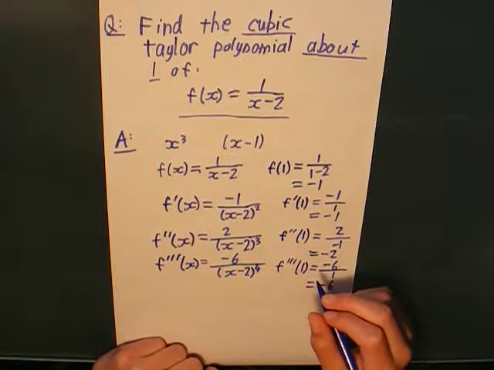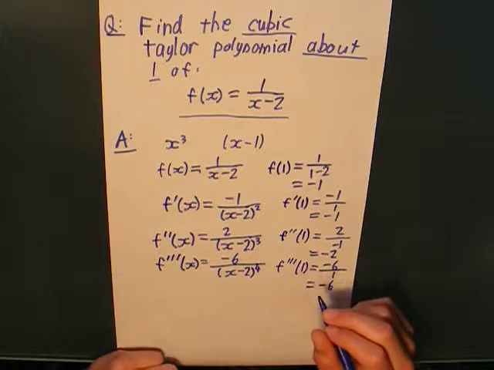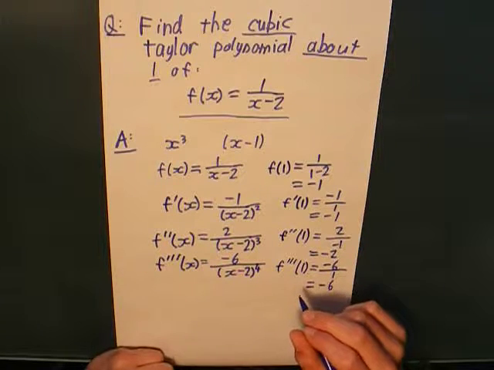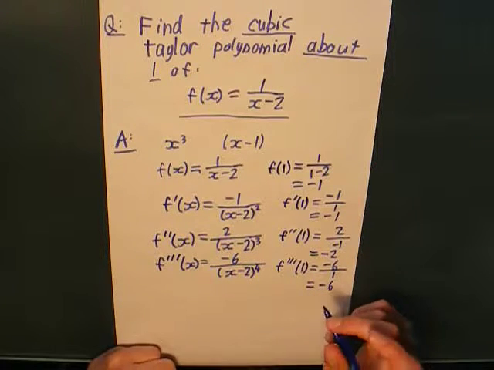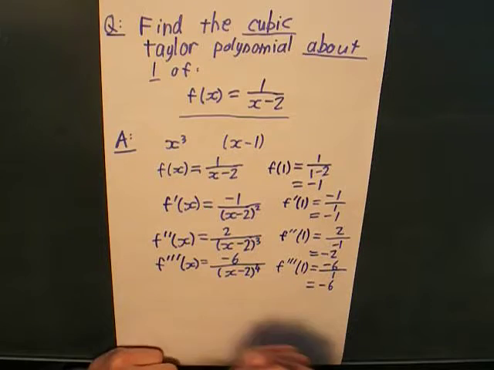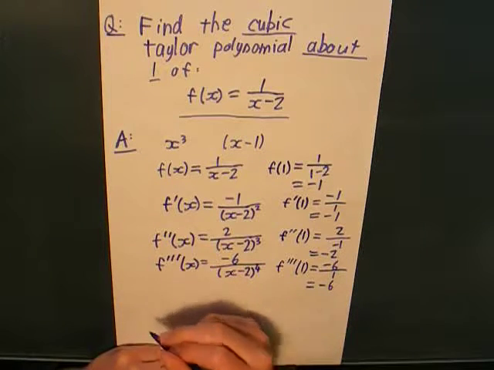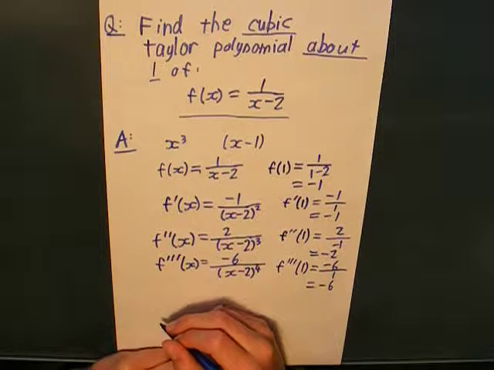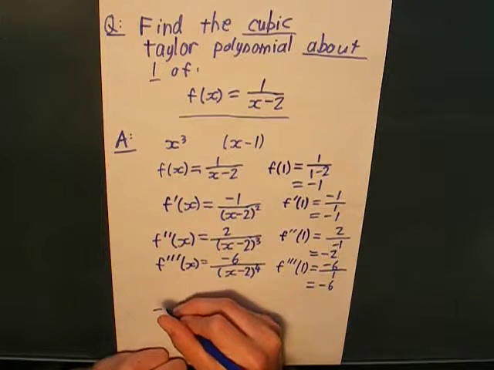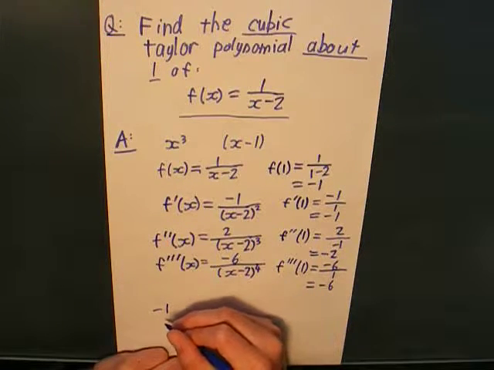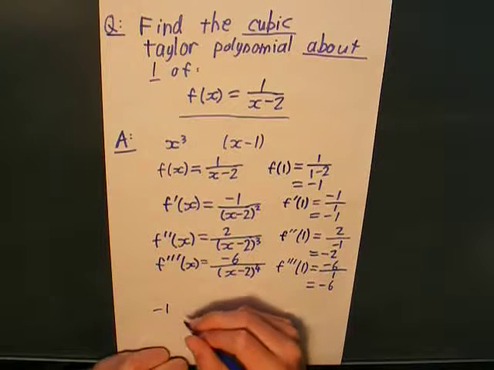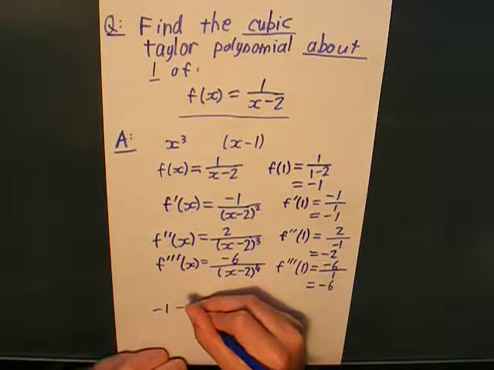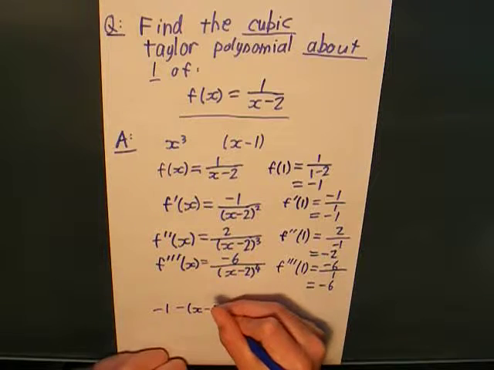Okay, right. So I'm now going to plug this into the Taylor polynomial formula. I'm not going to write it out here, but it can be found online in a load of places, so I don't think I need to. So the Taylor polynomial is just going to be the first term, which is f of 1, minus 1. Then we've got f prime of 1, which is minus 1, so minus x minus 1.